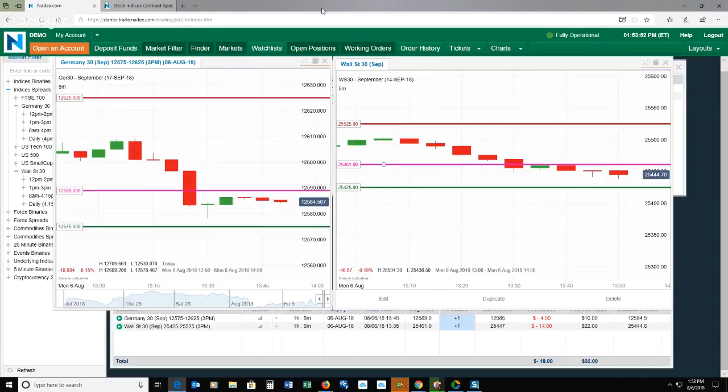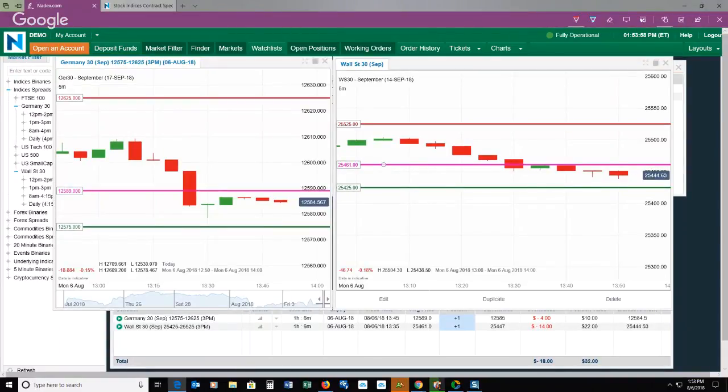I wanted to go over a couple of the scenarios that can play out with these, and it kind of shows you the power of the spreads. Let's say that on the Germany 30, remember this is the ceiling, so this is going to limit your profit. Let's say that price suddenly shoots up and it expires at 1630.